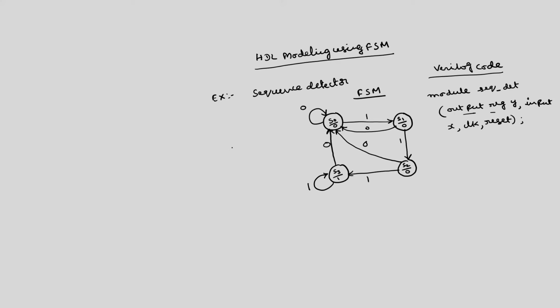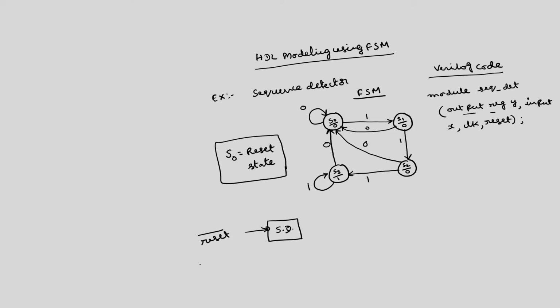Now, here I am assuming that S0 is the reset state. That is, whenever this sequence detector circuit receives a reset which is an active low signal, reset bar means negative edge. Whenever this becomes 0, if it was high and goes to low, this is a negative edge.